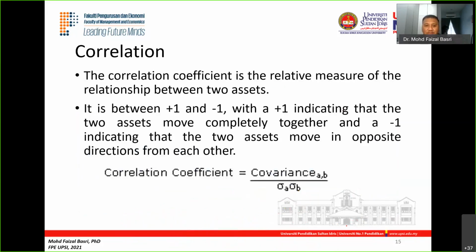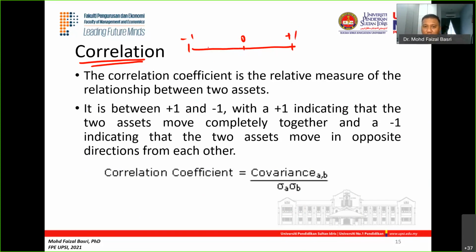Another measurement of the relationship is the correlation. Similar to covariance, we want to measure how the two stocks behave and how they relate to one another. However, for correlation, the score ranges from -1, with 0 in the middle, and the maximum is +1.